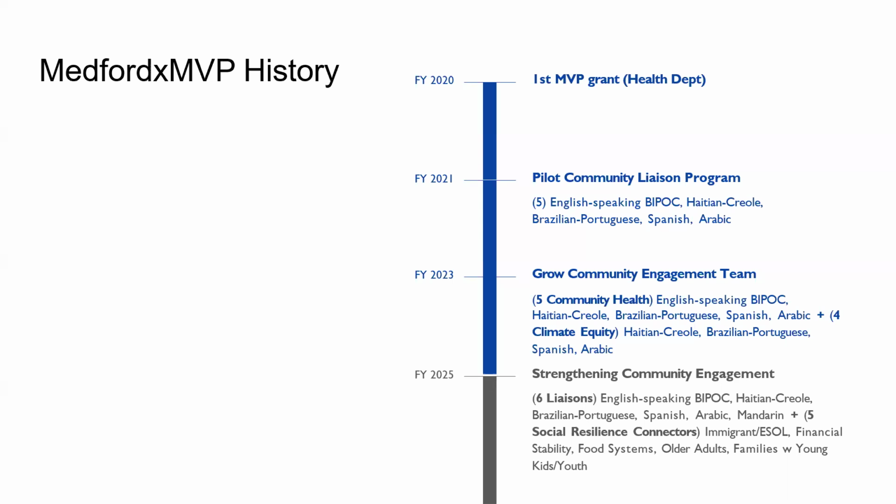And so I proposed that we, within the health department, partner with the Office of Environment to look into a new grant that could integrate both this element of social resilience around social determinants of health with resilience hubs and resilience to climate change. And so that is what became the first MVP action grant in the health department.